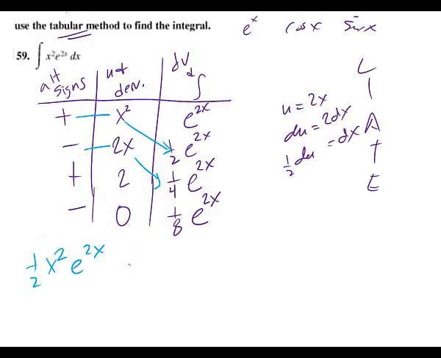So when we go across, we get negative 2x, and then it's 1/4, so I'm going to go 2/4 e to the 2x. I can reduce that 2/4 to 1/2, that's fine. Then I go across and then down, so I get 2, and it's actually 2/8 e to the 2x plus c, because technically you integrated.